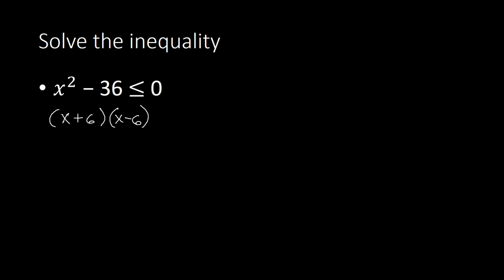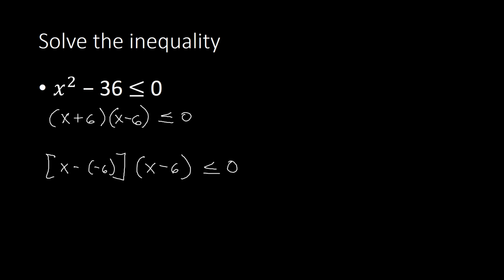These are now the factors of x squared minus 36 less than or equal to 0. Looking at the format, this should be minus, so you will have x minus negative 6, and this one will be x minus 6, less than or equal to 0.